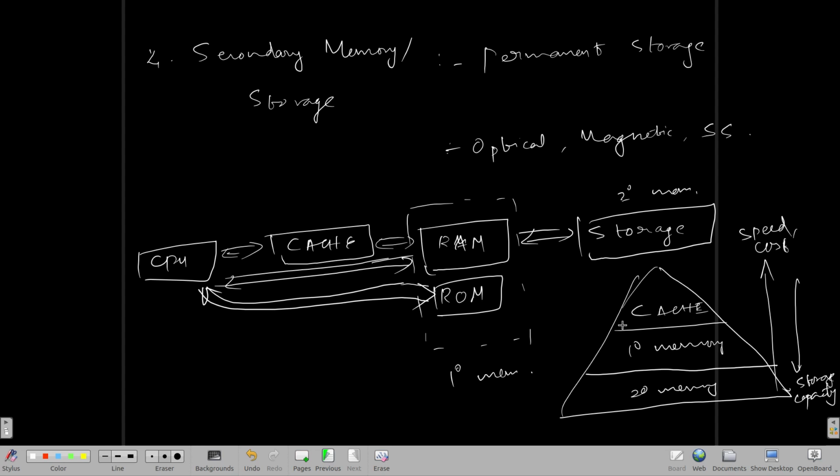It is a small memory and it is very fast. Then there is primary memory, consisting of RAM and ROM. Both have separate purposes. It is faster compared to the storage, but not as fast as the cache. Then there is secondary memory or storage, which is used for bulk storage.